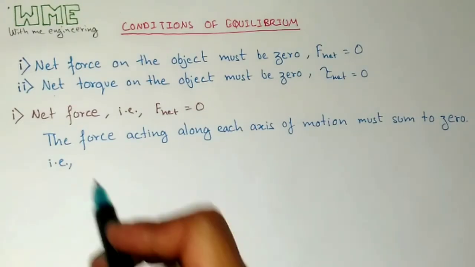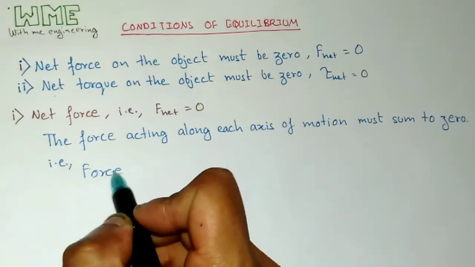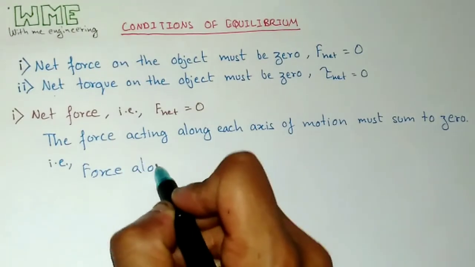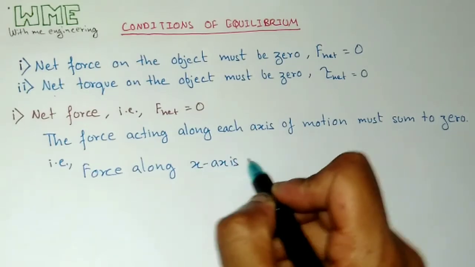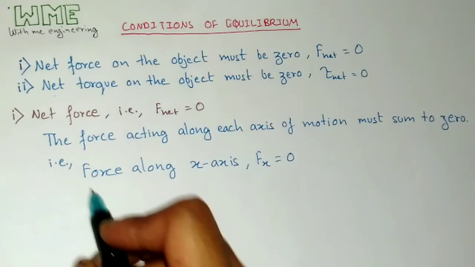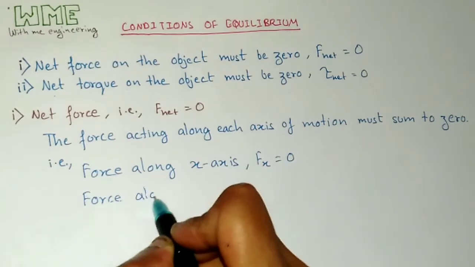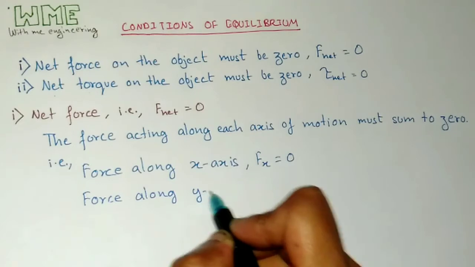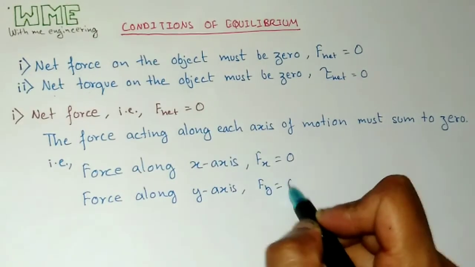It means that the force along the x-axis, that is Fx, should equal 0, and the force along the y-axis, that is Fy, should also be 0.